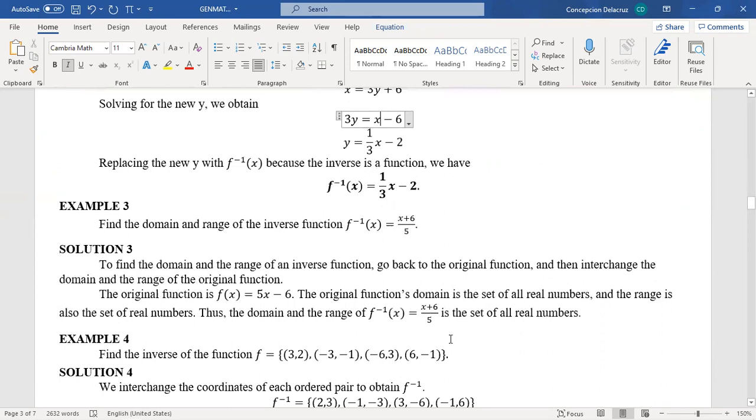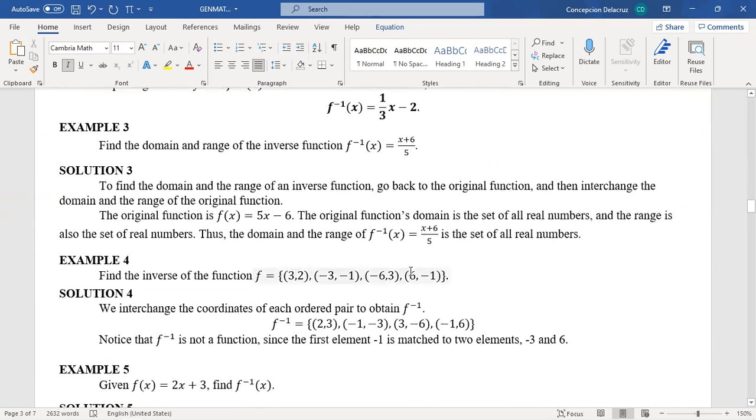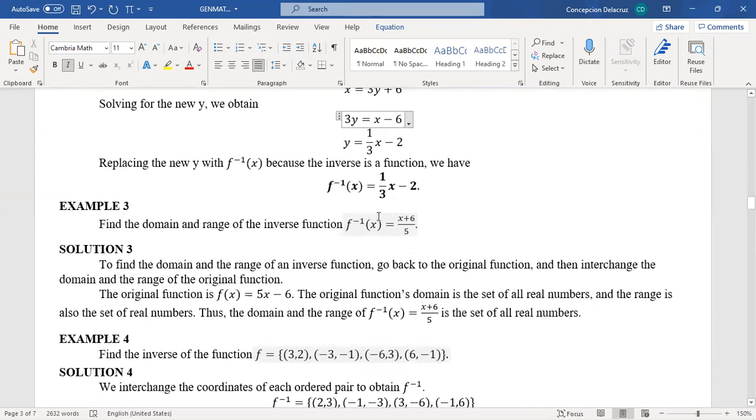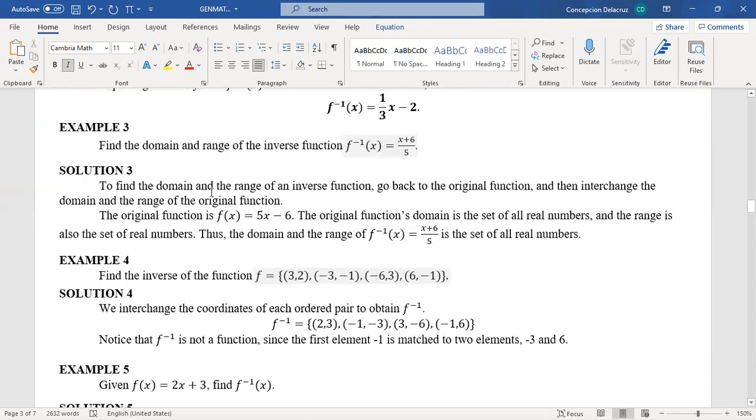So example number 3. f inverse of x is equal to x plus 6 over 5. To find the domain and range of the inverse function, go back to the original function, then interchange the domain and range of the original function.